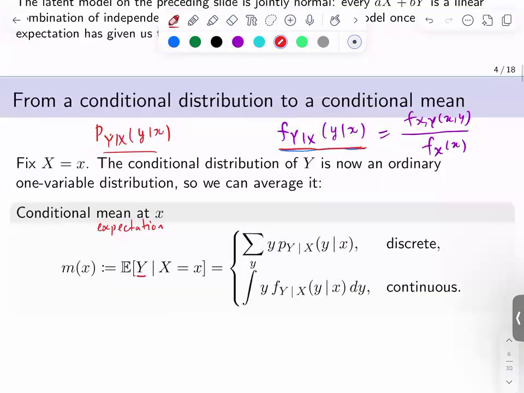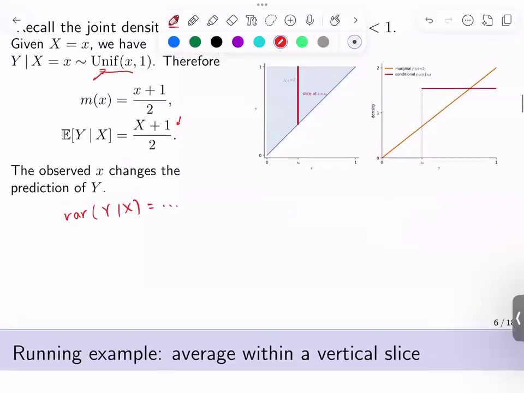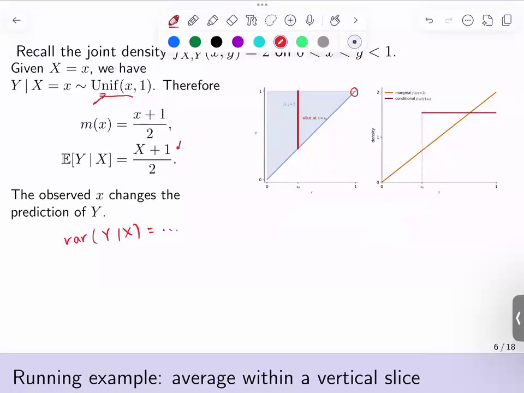This conditional density will have a variance, and if you compute it, maybe we'll do it later, this turns out to also depend on x. And at this point, if x is equal to 1, it has to be 0 because there's nowhere to go, and in that case y would be exactly equal to that. Do this as an exercise, okay?